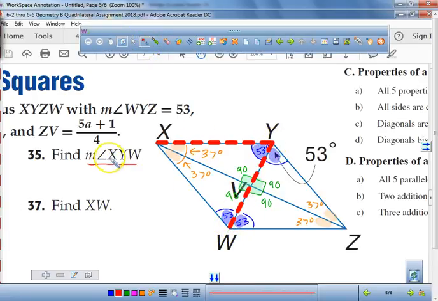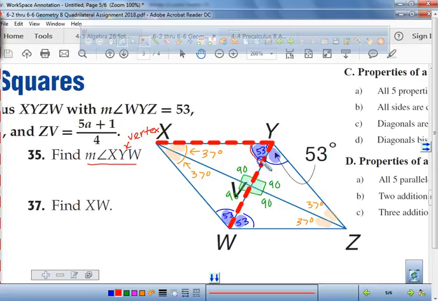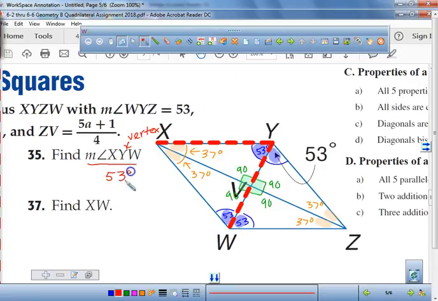By the way, this is the order that you go. You start at X. You go to Y. Then you travel to W. What is this letter always going to be? That's going to be your vertex, which means this is the angle that you are searching for. So that answer right there is 53 degrees.